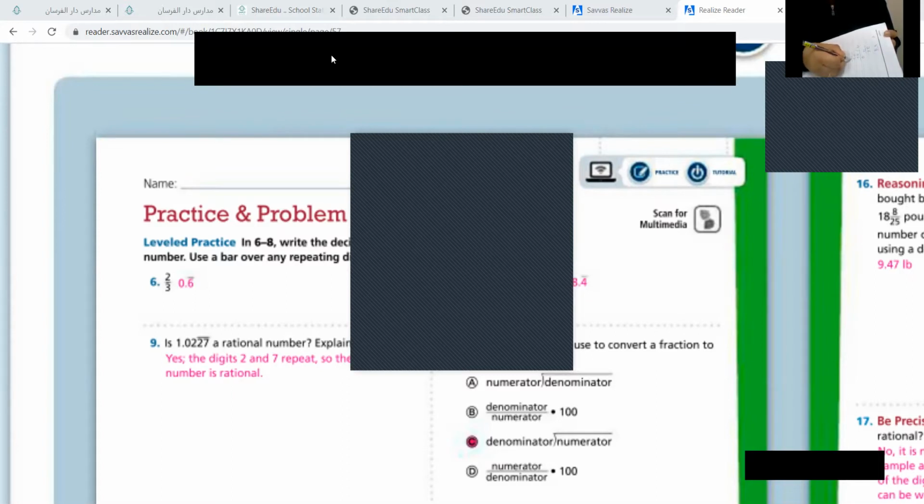And then you get 4. 9 4s are 36. Again 4 and 0. So this is repeating. 8 point 4 repeating is a repeating decimal. Okay, this is your question number 8.